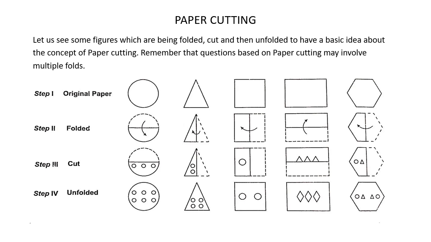Here, this is the mirror image of these 2 cuts. Here, this is the mirror image of this cut. Here, the bottom part of the pattern is the mirror image of these 3 cuts. Here, this is the mirror image of these cuts.